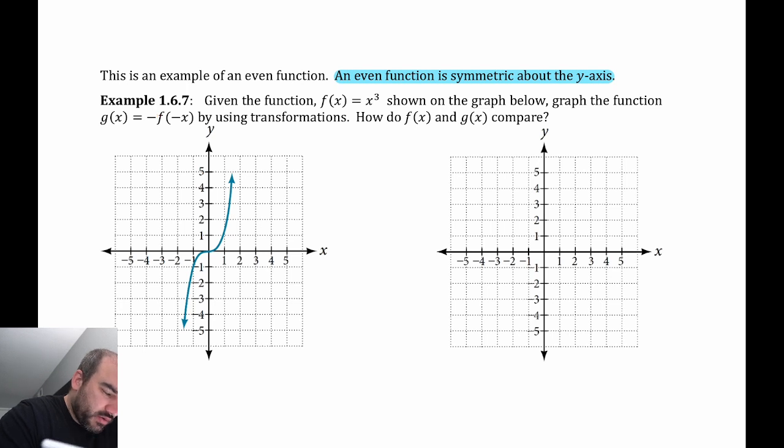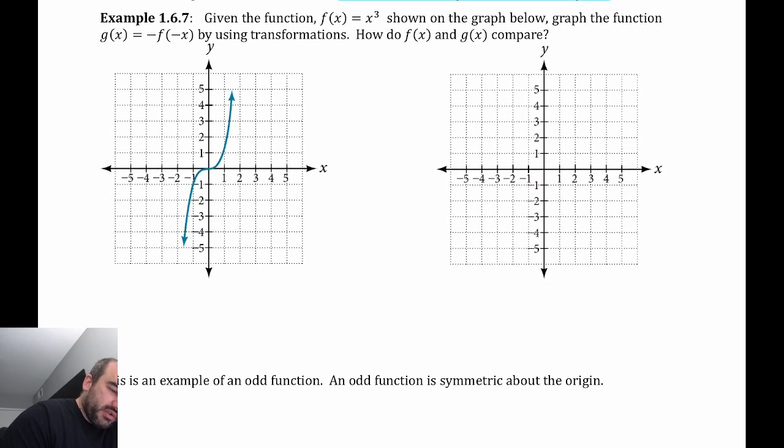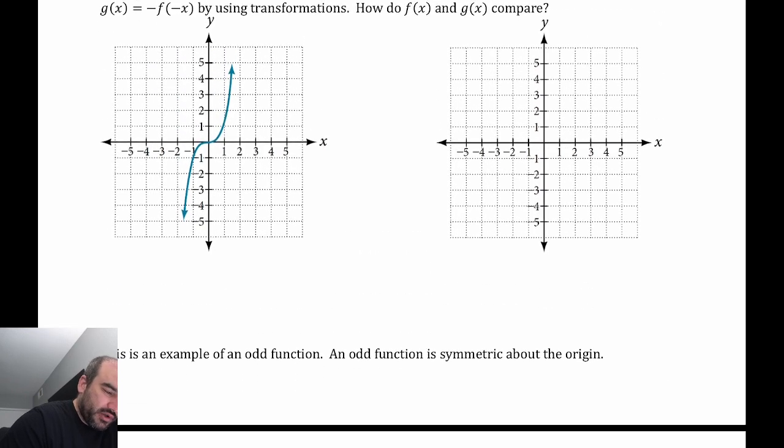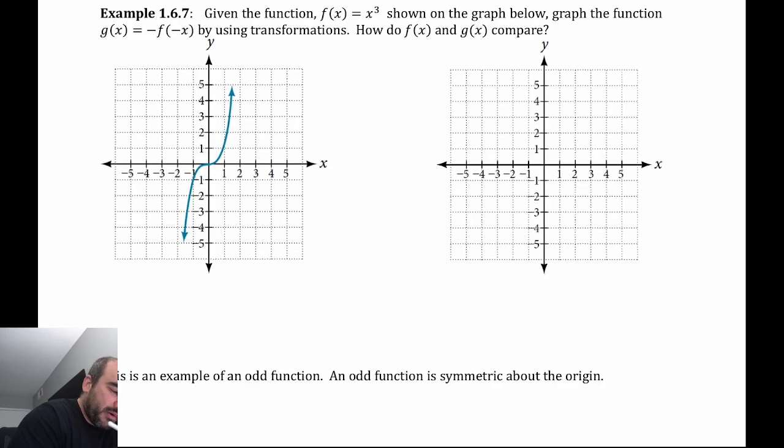I think in the video they graph negative f of negative x, which is the same as the original function. I just feel like this example is not very useful, but we'll leave it as is. If the video already did this, then good. If not, you can do it when we go to breakout rooms.